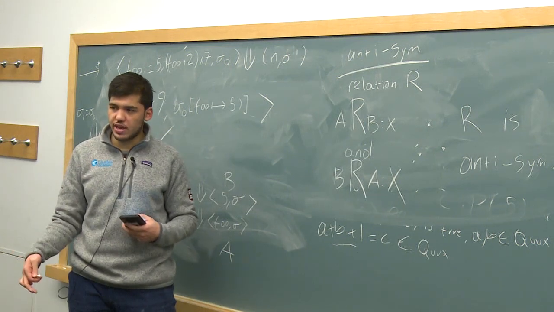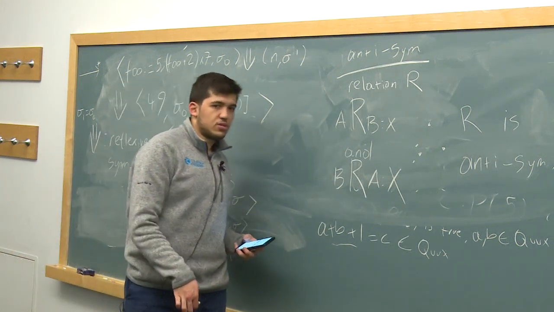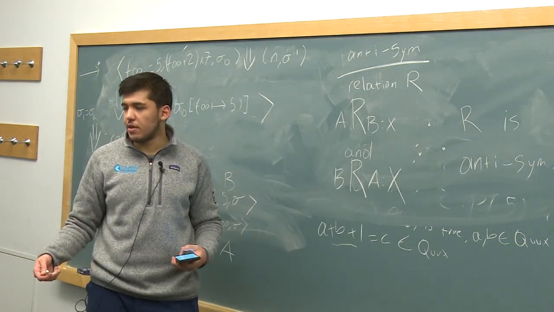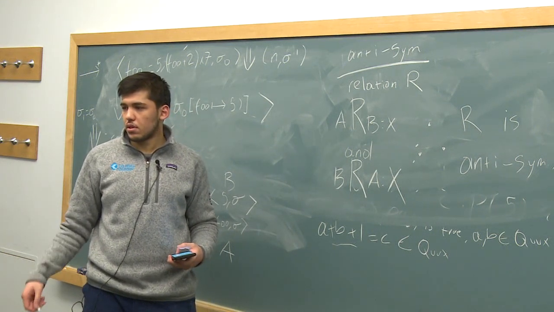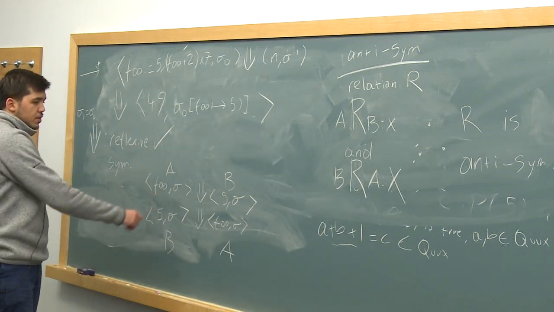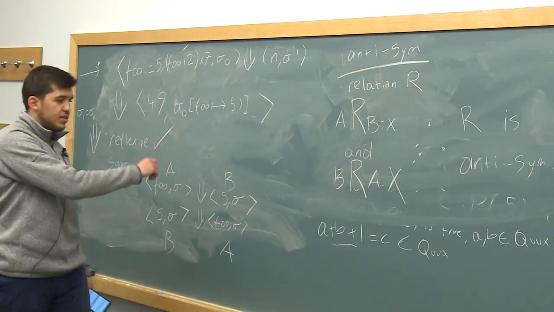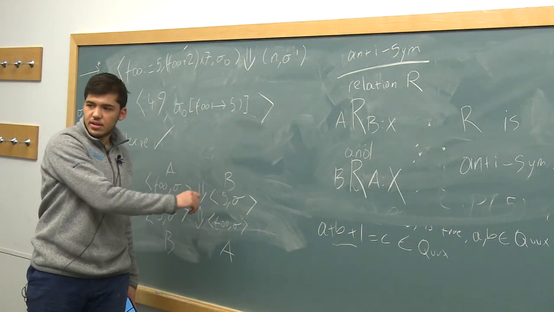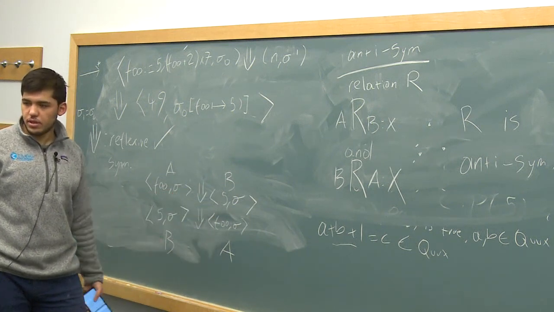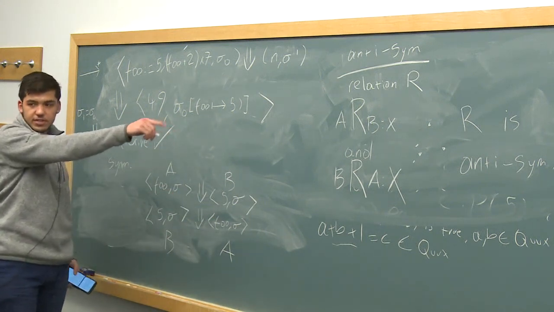Exactly. In small step, we can't. So what values did you have in mind for A and B? This one, foo 5. Actually, this does exist in small step semantics. But the reverse doesn't exist. The reverse does exist, but here the reverse has to exist for both.